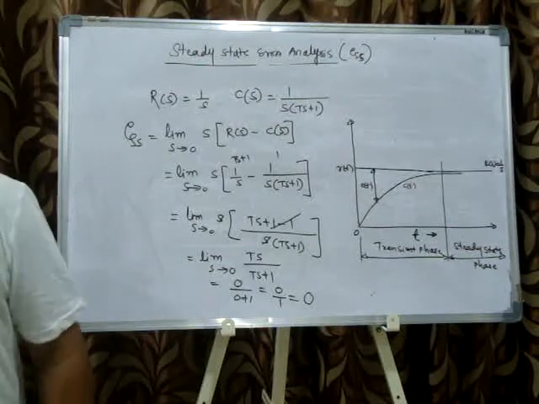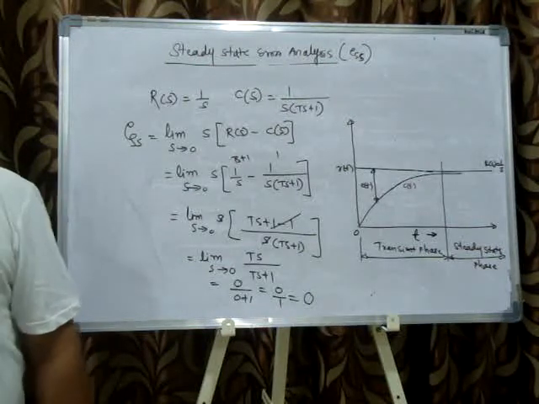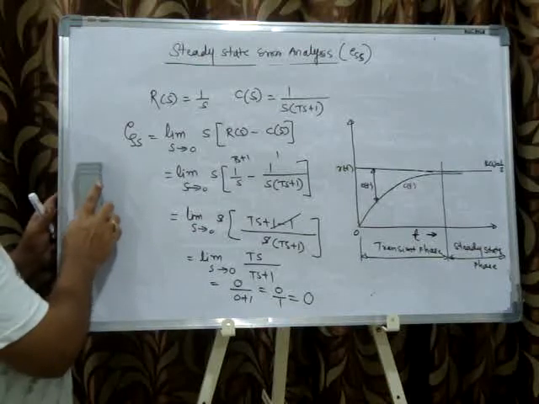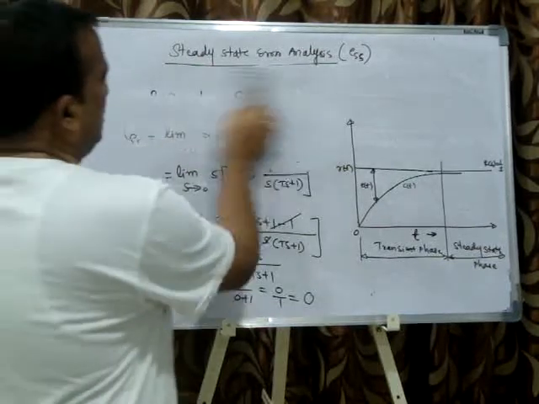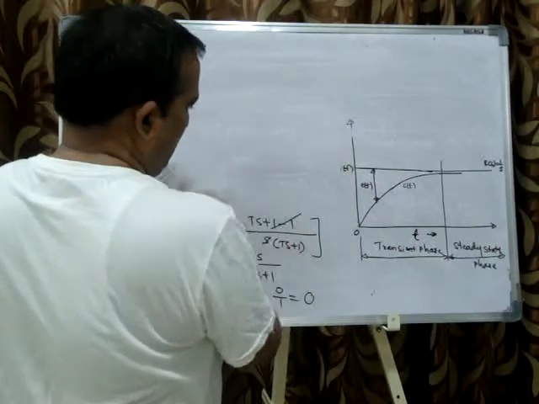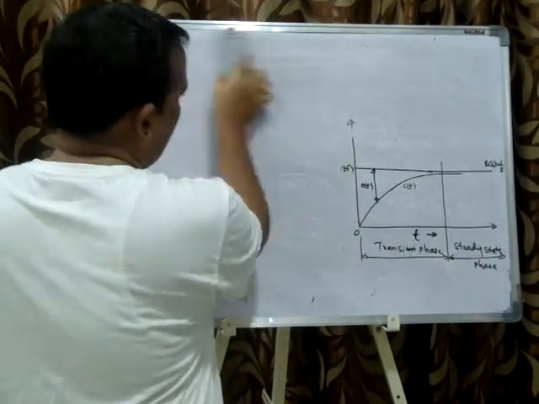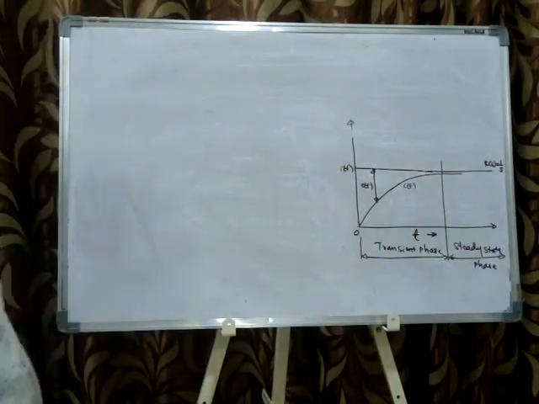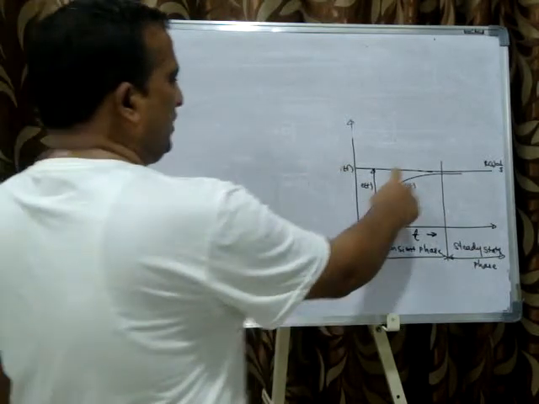Okay. So now the next type of input. You have seen the response curve. Here there are no oscillations. Exponentially the output goes on increasing.